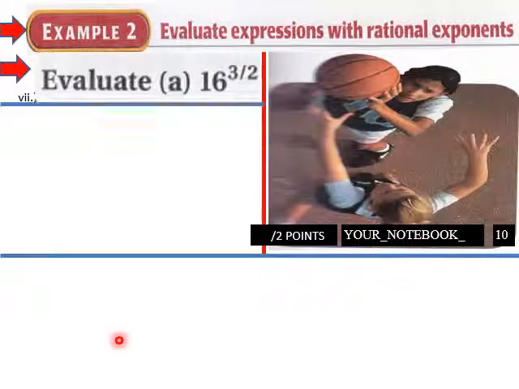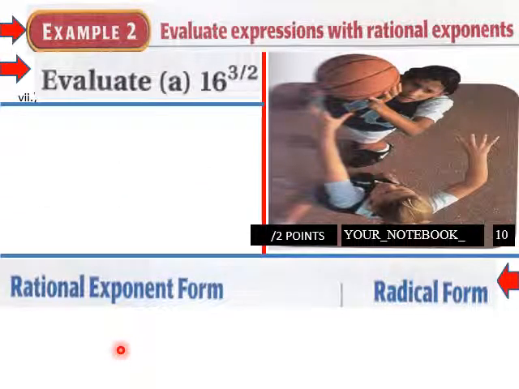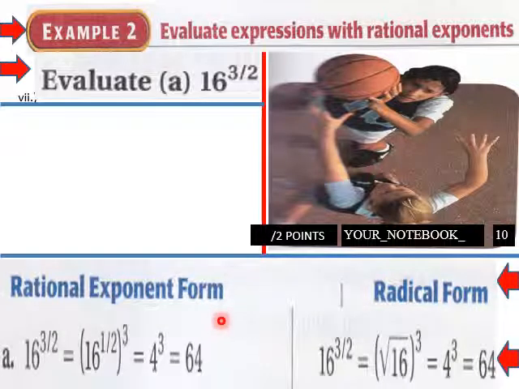Then we move into example 2, evaluate expressions. So in rational exponent form, 16 to the 3 over 2 equals 16 to the 1/2 cubed, which equals 4 cubed, which equals 64. Because 16 to the 1 over 2 is the square root of 16, which is 4.